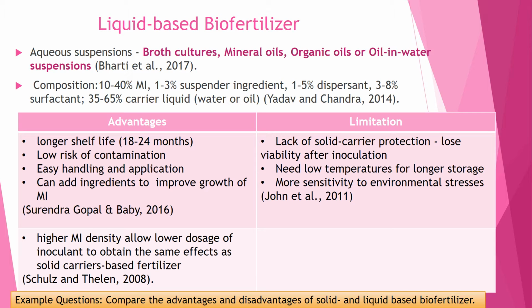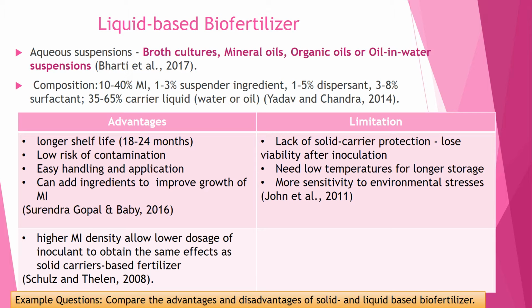This is like a surfactant which make the microbe to be suspended evenly, and also dispersant. Dispersant is also a kind of surfactant to increase the even dispersion of the microbe. So these are all similar chemical, suspender, dispenser, surfactant.